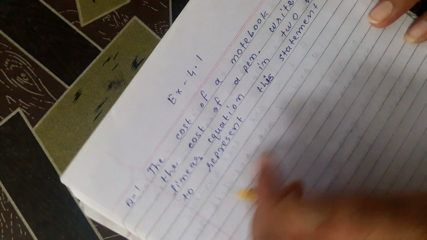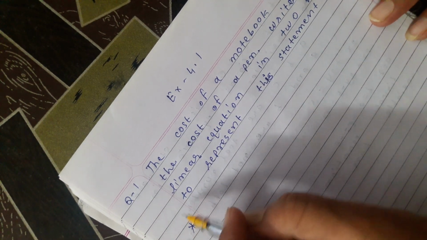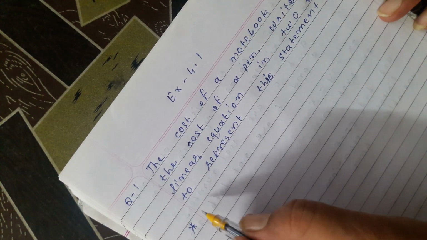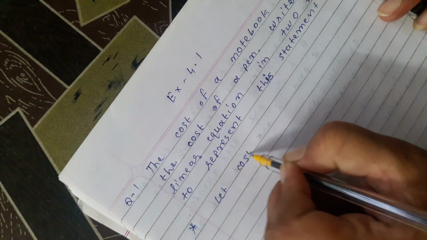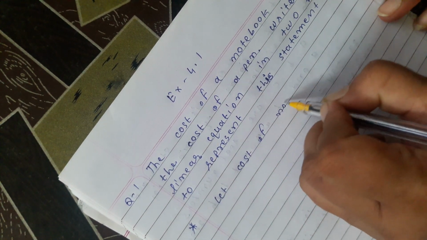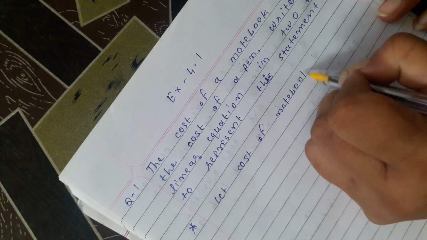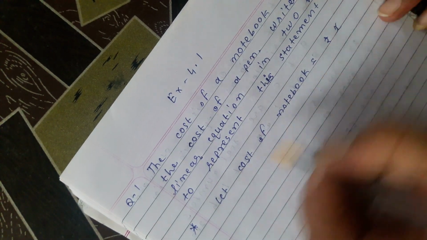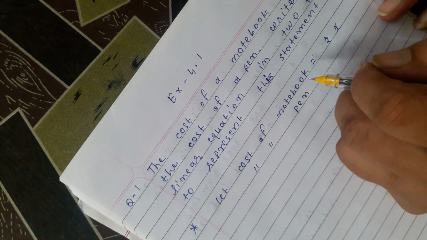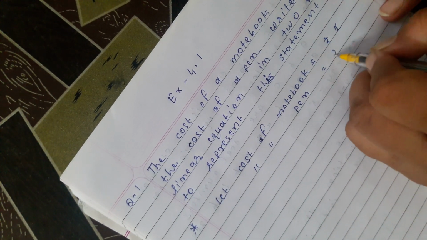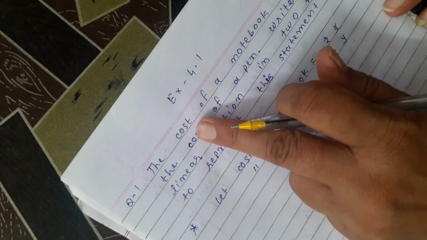So how to write it? First of all, we assume that the cost of a notebook is rupees X and the cost of a pen is rupees Y. Now we have the statement.